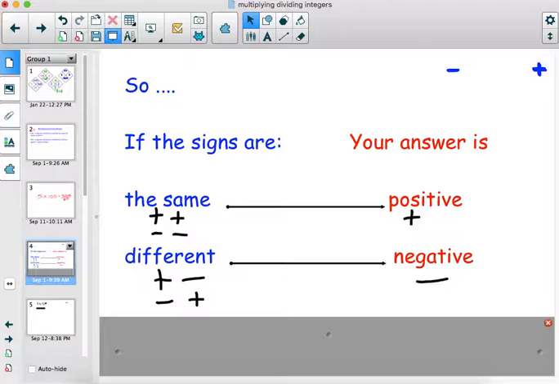There's a saying that I've used for this: when good things happen to good people, that's good. It's positive. When bad things happen to bad people, that's also good. That guy was a bad guy. He went to jail. Bad thing happened to a bad guy. That's good. Vice versa.